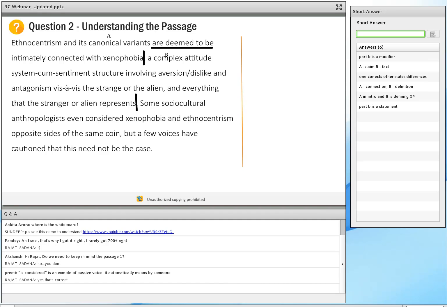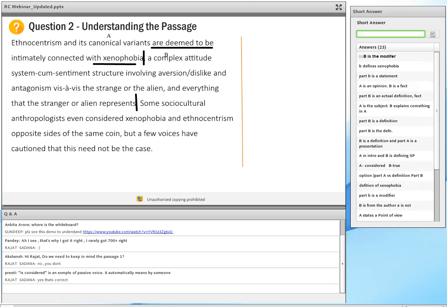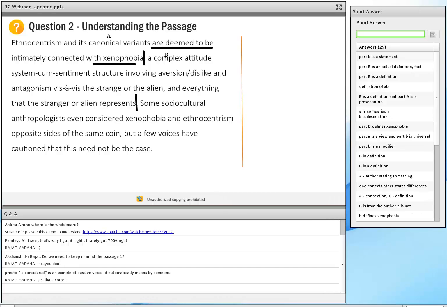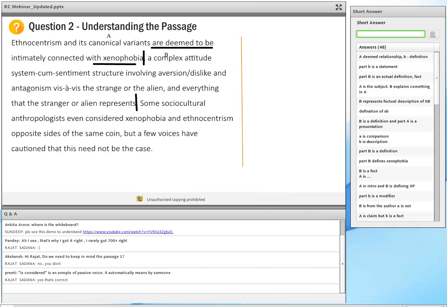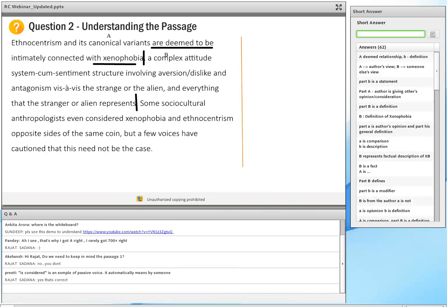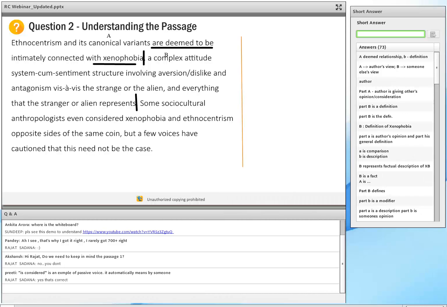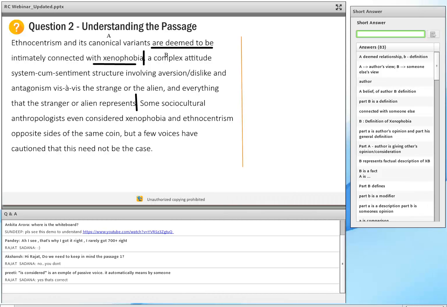Part A ends at xenophobia, part B, okay. Part B is a definition. Yes, part B is a statement. Statement by whom? Okay, that is good. Some of you are getting it.